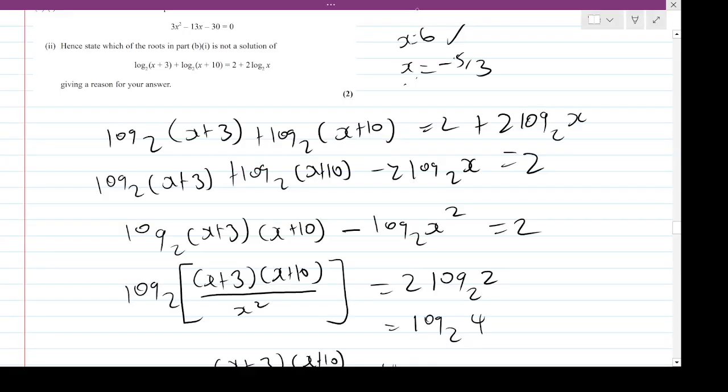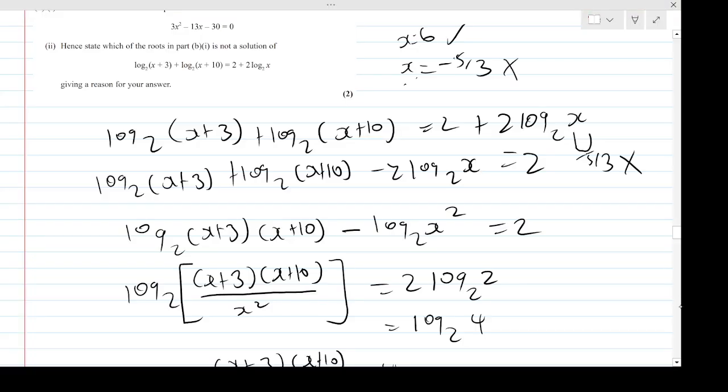And immediately you can spot here that I have log x. So if I put x as minus 5 over 3, that's negative. That cannot happen. That's not defined. If you put log of minus 5 over 3 in your calculator, that won't work. So that is the wrong root.